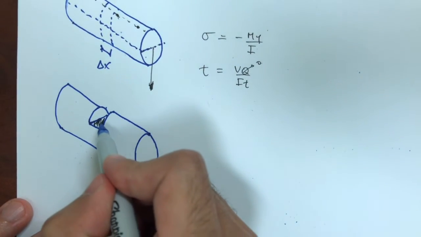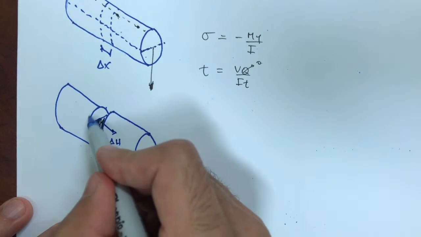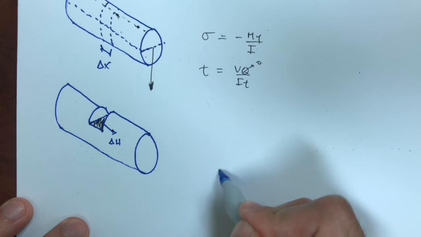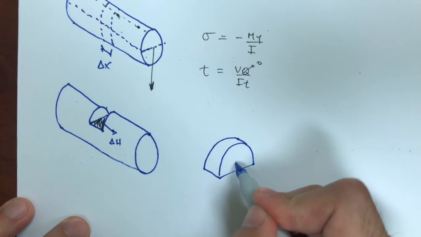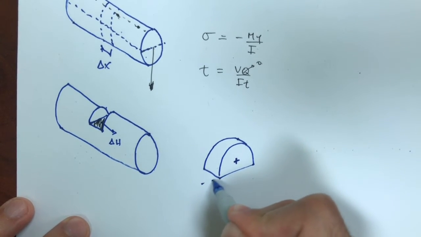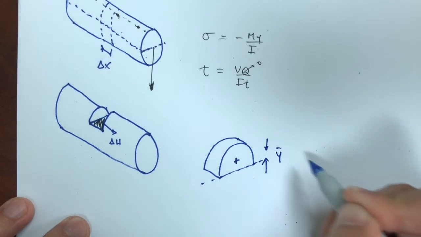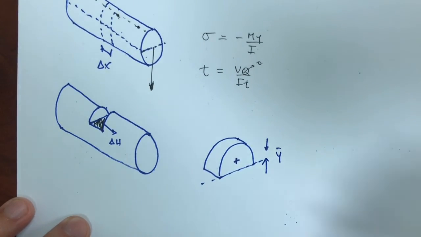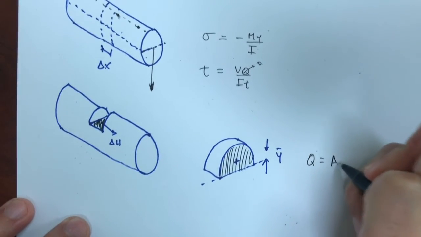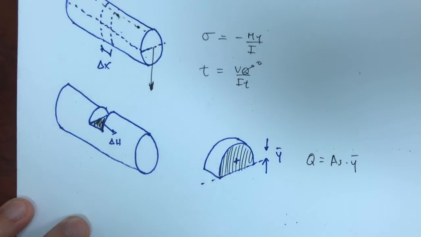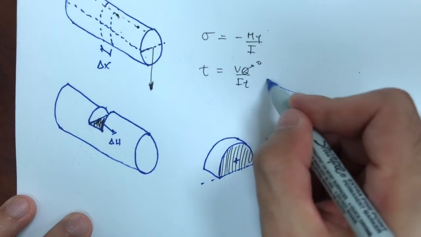There is going to be a delta H there, and my Q is going to be from that section that I took out. I'm going to have a centroid. That's my neutral axis. The distance from the neutral axis to the centroid is what I'm going to label y bar. The shaded area is going to be this for my Q, so shaded area times y bar, which is the centroid, and this is going to go here.